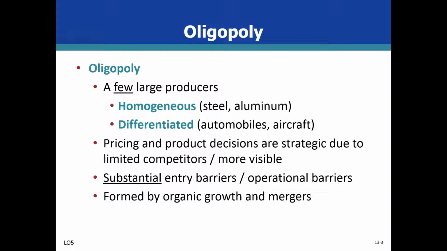But the members of the oligopolistic industry are much more concerned with how their competitors will react to any competitive challenge or any competitive change. So pricing and product decisions are much more strategic, much more visible.